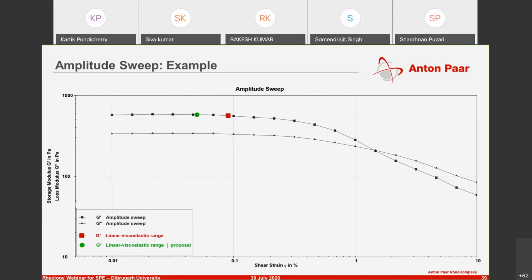And the reason for that is that if you're conducting your tests with an amplitude somewhere here, then you're already destroying the structure of your sample. And in order to be able to compare the results, one would run tests where you're not destroying the sample, and this is that region, and this is the point which the software proposes.